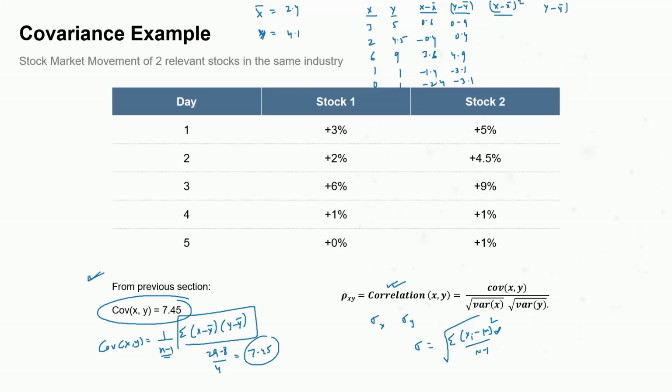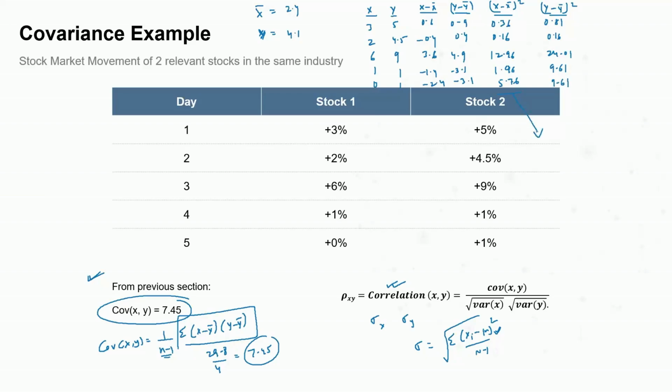Now we will calculate the numerator part, which is (x minus x bar) squared, and do the same for (y minus y bar) squared. What is (x minus x bar) squared? 0.36, 0.16, 3.6 into 3.6 is 12.96, 1.4 into 1.4 is 1.96, 2.4 into 2.4 is 5.76. Similarly for y, it will be 0.81, 0.16, 4.9 into 4.9 is 24.01, and 3.1 into 3.1 is 9.61 and 9.61.